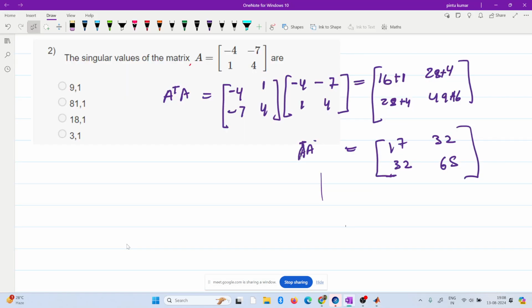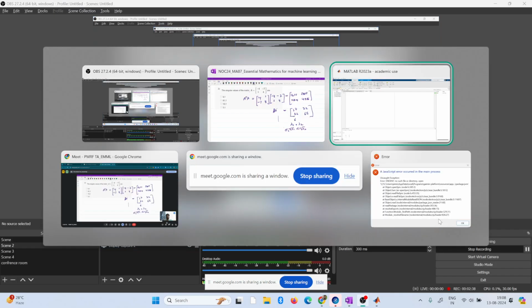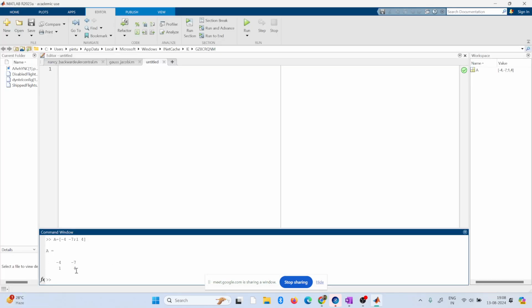Remember that right now the eigenvalues that you will get would be lambda 1, lambda 2. So singular values, the sigmas that you call, are the square roots of lambda 1 and lambda 2. So if you are getting eigenvalues as, let's say, 81 comma 1, then the singular values will be the square roots of those values. I haven't solved it, but I'm just informing you of this. Yeah, probably, if this is correct.